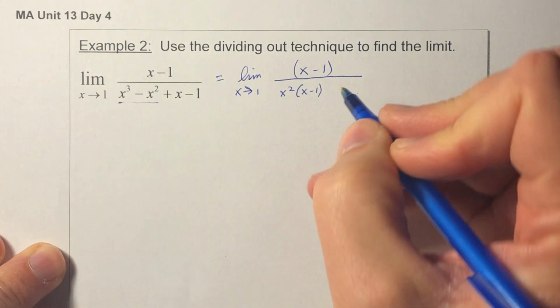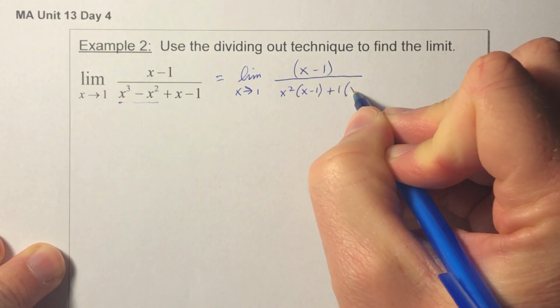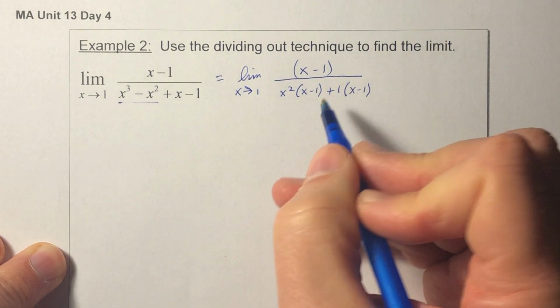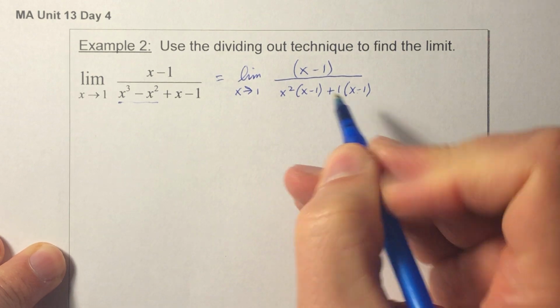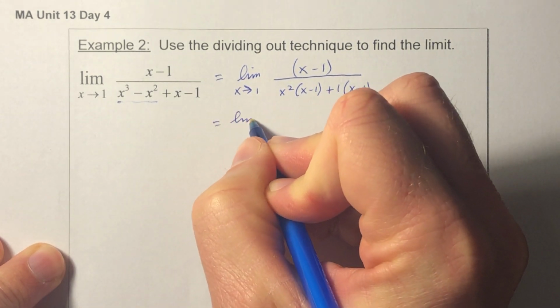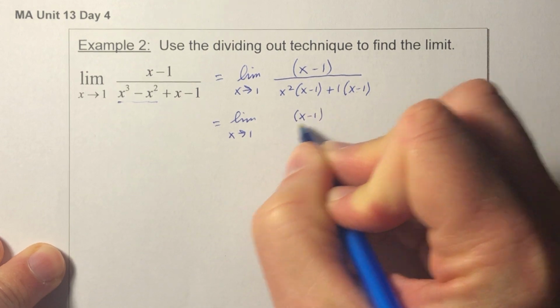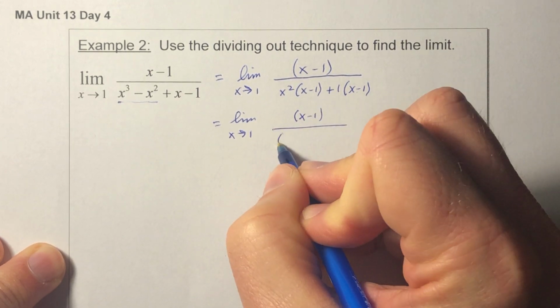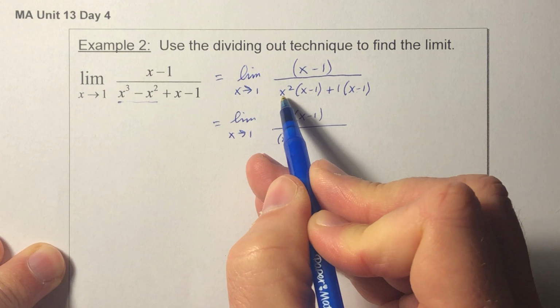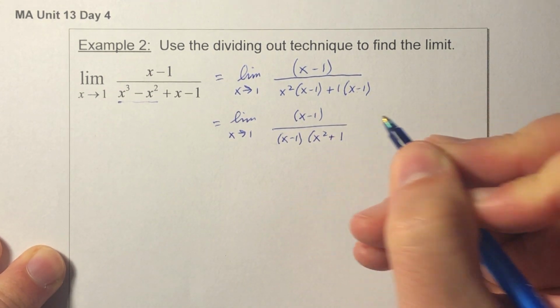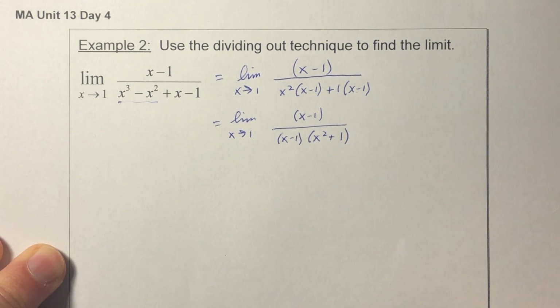Well, we don't really have anything in common here other than a 1. Okay, so now you see that the x minus 1 is the same. So when you factor out the x minus 1, that leaves you with x squared plus 1. Give me my parentheses there.